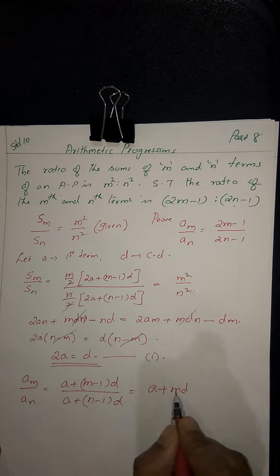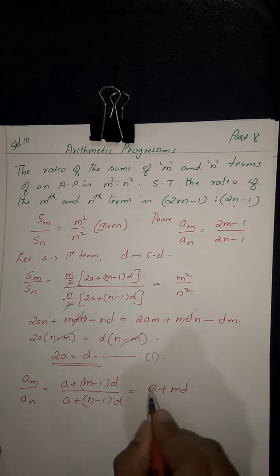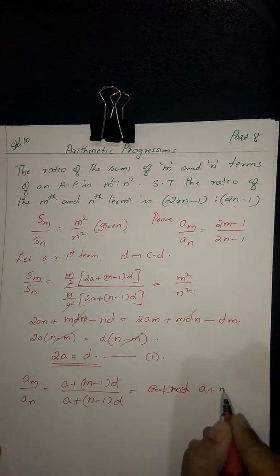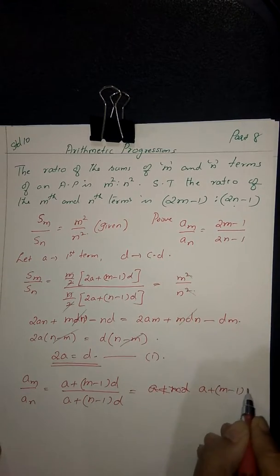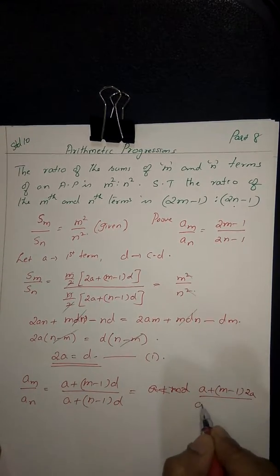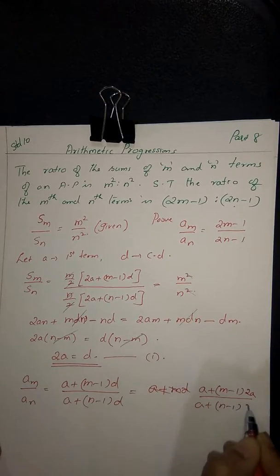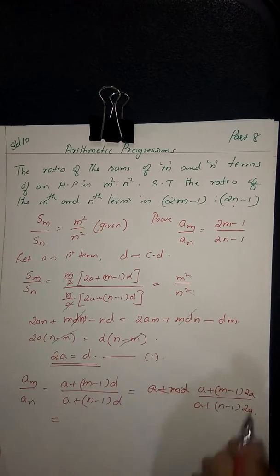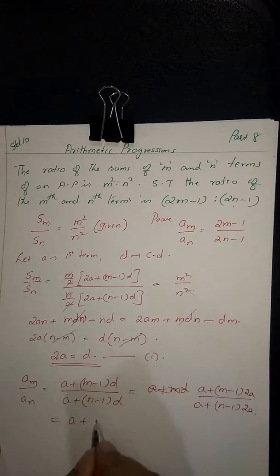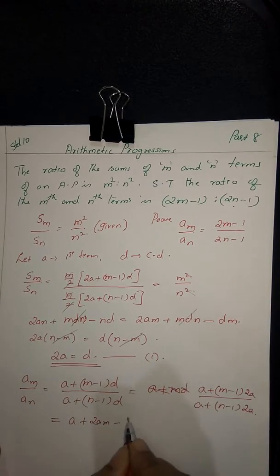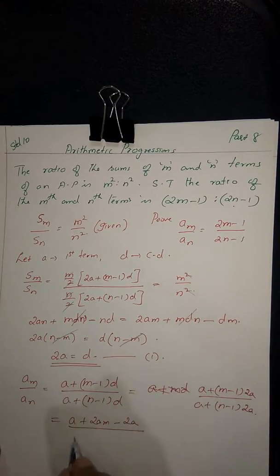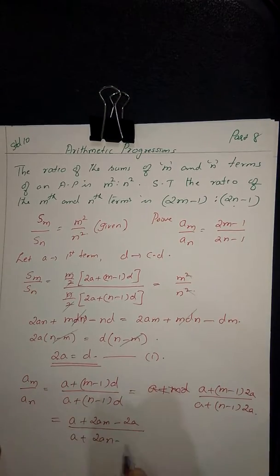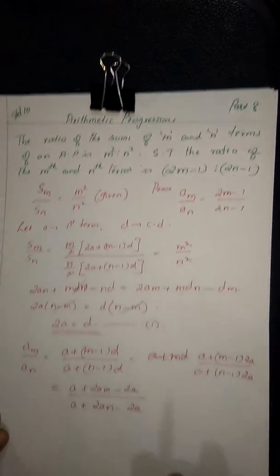So we will write this as a plus m minus 1 into 2a, by a plus n minus 1 into 2a. So this is equal to a plus 2am minus 2a, by a plus 2an minus 2a.